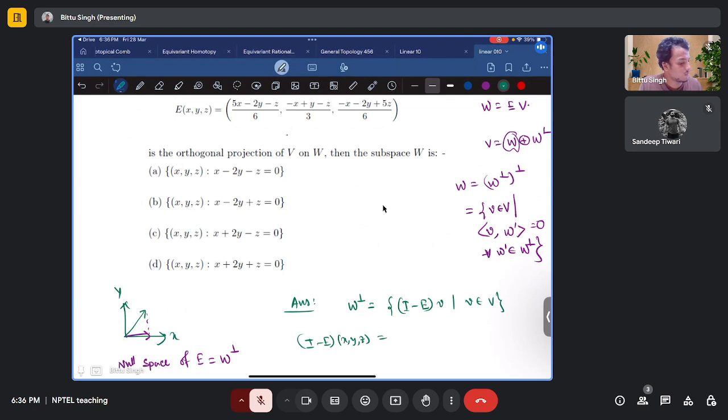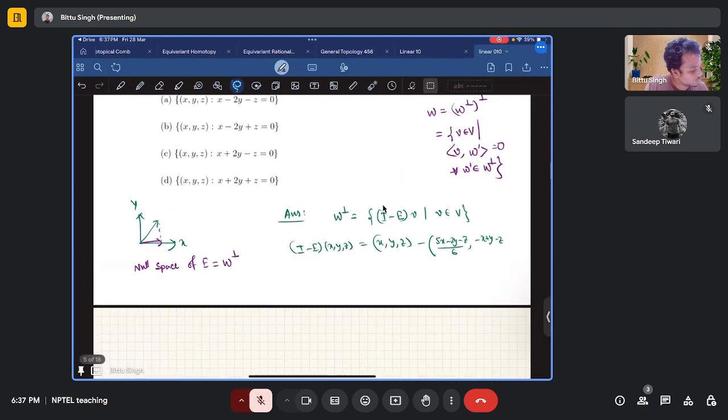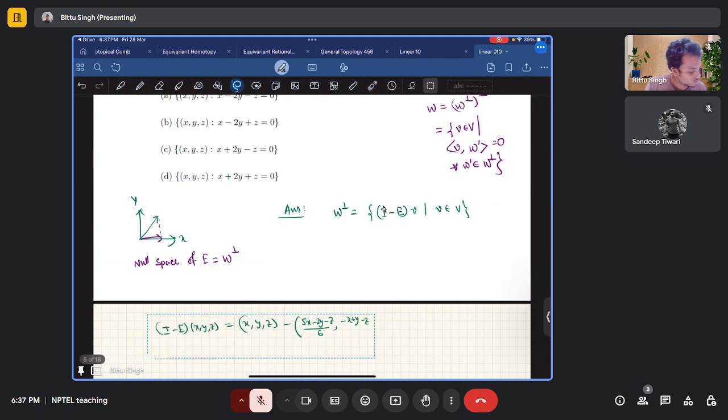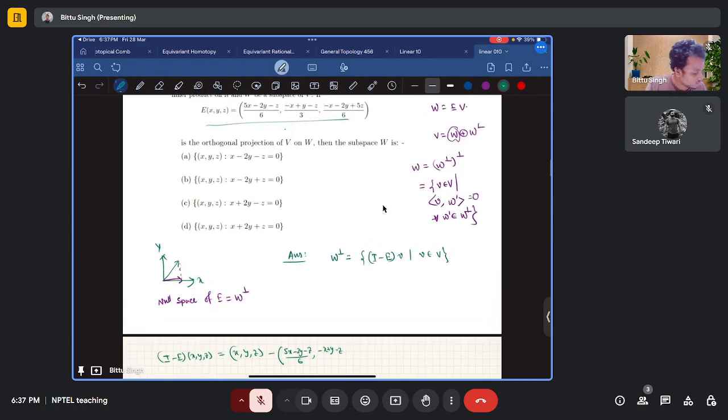This is simply XYZ minus this part: 5x minus 2y minus z by 6, comma, minus x plus y plus z by 3, comma, minus x minus 2y plus 5z by 6.